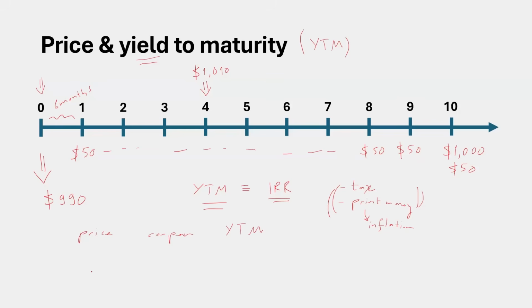So we would say that the bond is either trading at a premium, okay, or at par, or at a discount. And this will depend on the relationship between the yield to maturity and the coupon rate. So if the yield and the coupon rate are equal to each other, we say that the bond is trading at par, in which case the price of the bond is exactly equal to the face value, so $1,000.